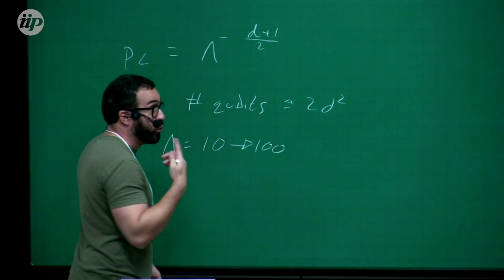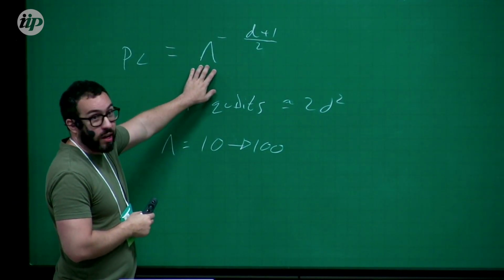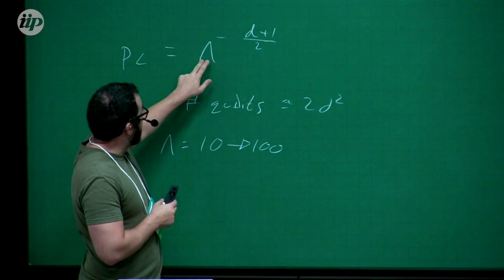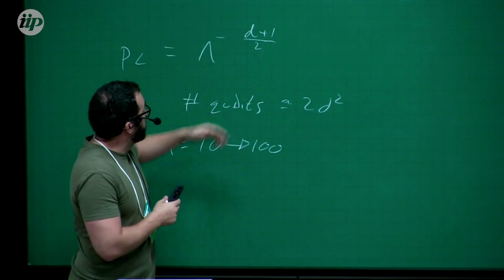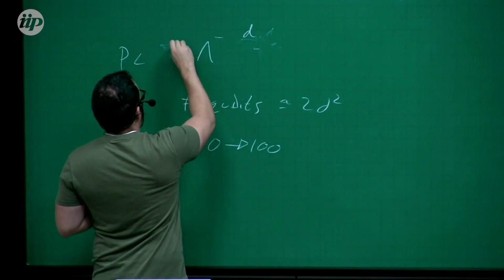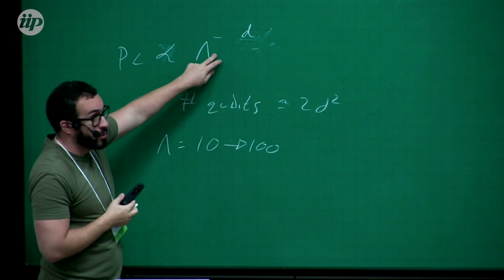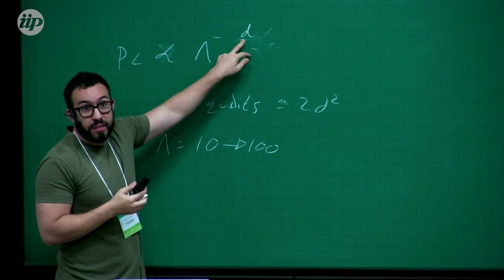What will be the improvement in the overheads? Well, now instead of 10, you have hundreds. Because you have hundreds, the exponent d, and we can forget about this, is proportional to this. So because lambda instead of 10 is hundreds, the distance can be twice as small.